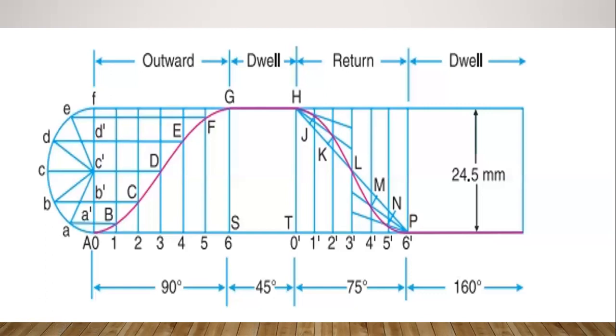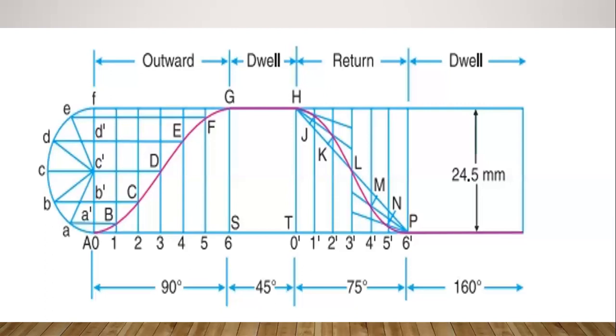So from the intersection of the two lines, we obtain the points J, K, L, M, N. Then draw the curve with a freehand curve.